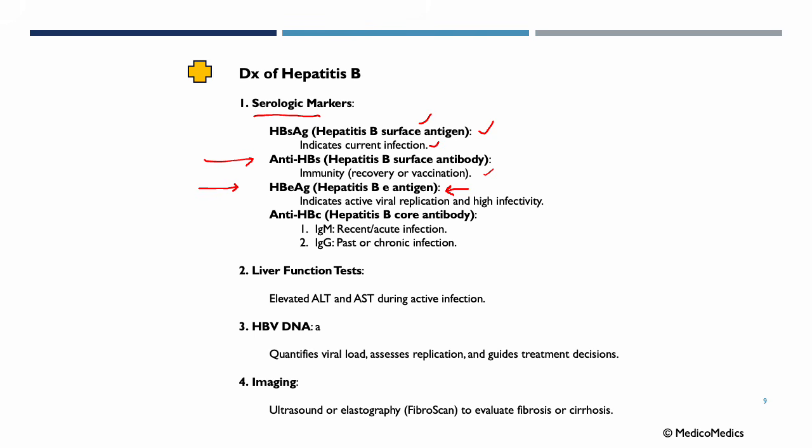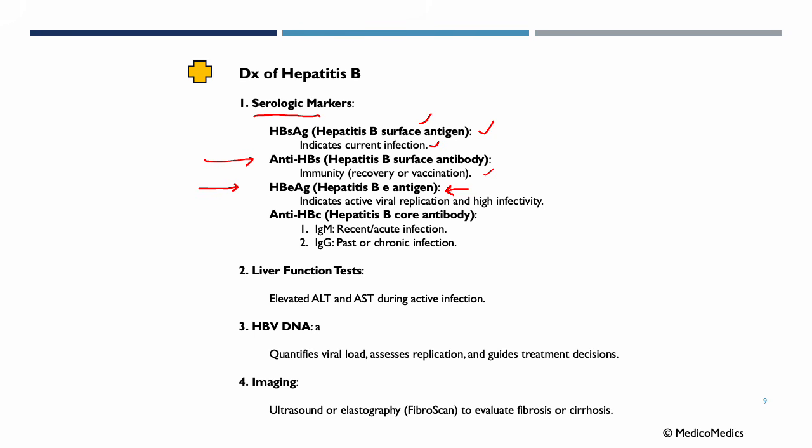But in a chronic hepatitis B infection, the persistence of the E antigen indicates active replication, while its loss, along with the presence of anti-HBE antibodies, is often a sign of lower replication and infectivity. This is called immune control, essentially.